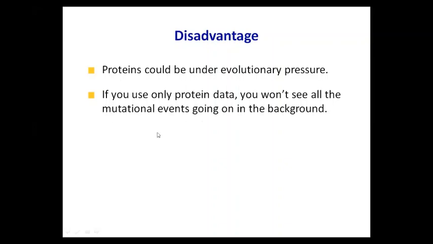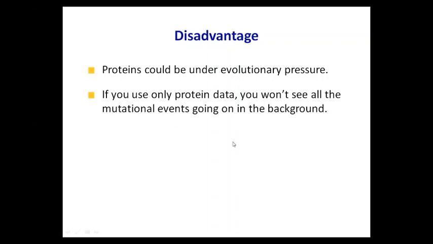Another disadvantage of using protein sequences for phylogenetic analysis is that, as we have already discussed, many of the mutational events that have taken place during evolution might have been missed when you use the protein data only for phylogenetic analysis, because many of the mutational events may not be reflected on the amino acid sequence.